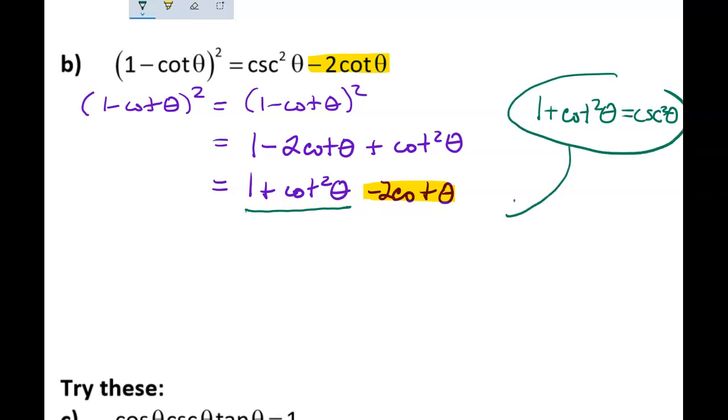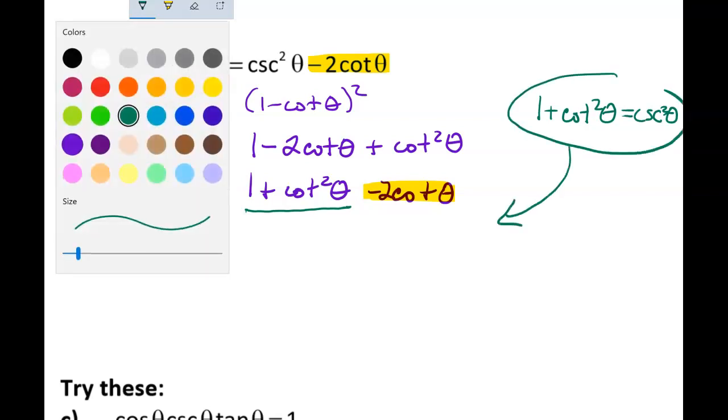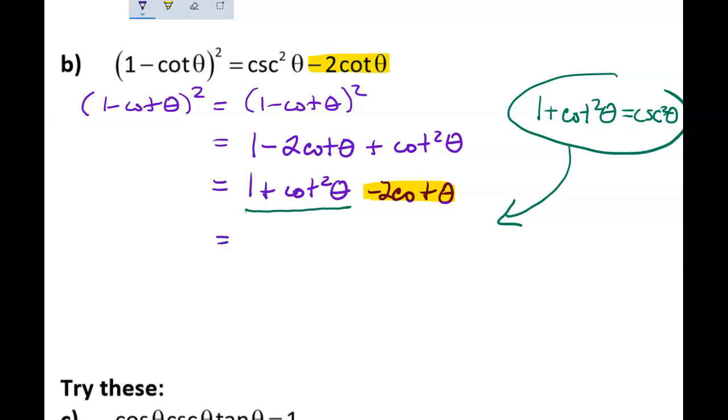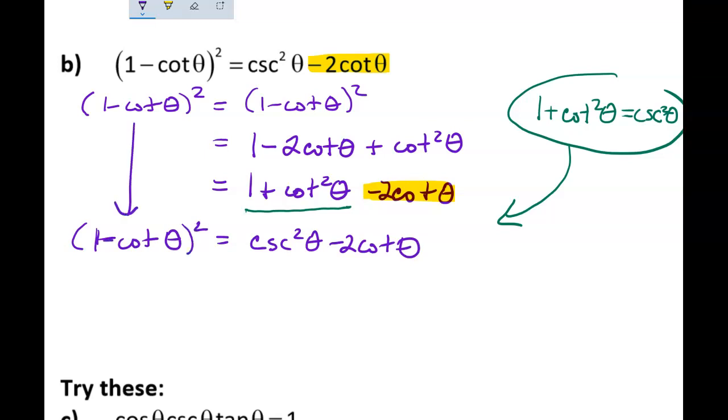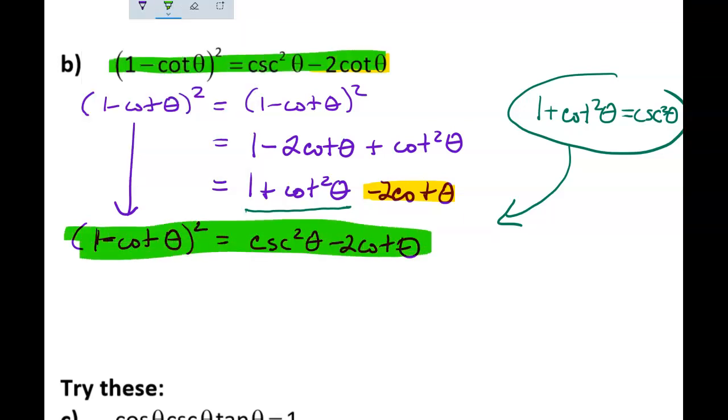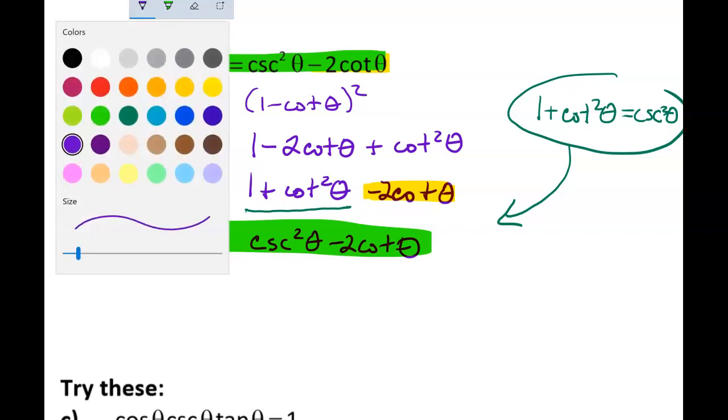We're going to utilize that to replace the 1 plus cotangent squared of theta with cosecant squared of theta. And now when we bring down the other side of the equation, 1 minus cotangent of theta squared, we have now proven the identity that we were given. So here's our result. Notice it's exactly the same as the equation that we were trying to prove.